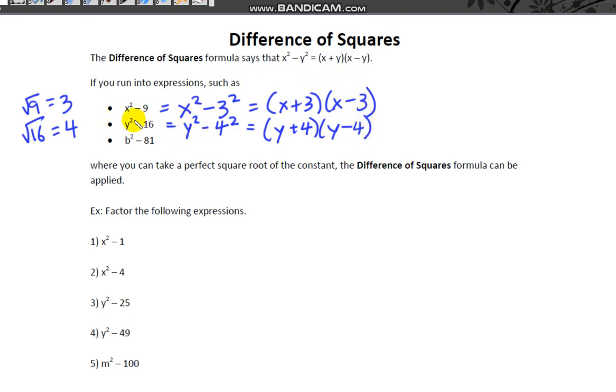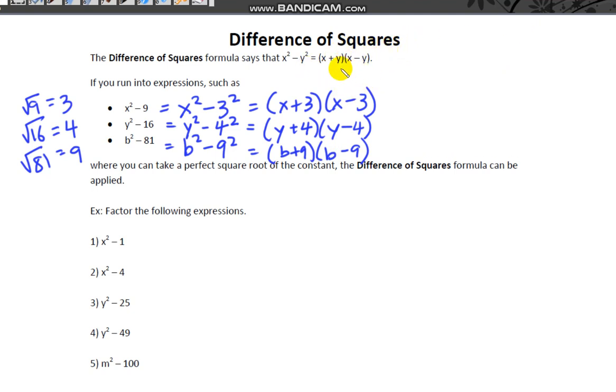That's how this expression would factor. Okay, square root of 81 is going to be 9. So this is b squared minus 9 squared, which can be rewritten as b plus 9 times b minus 9.